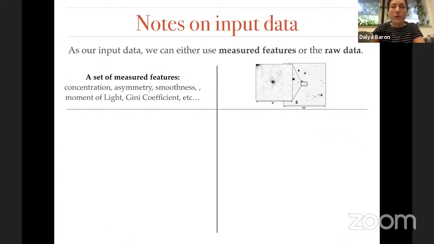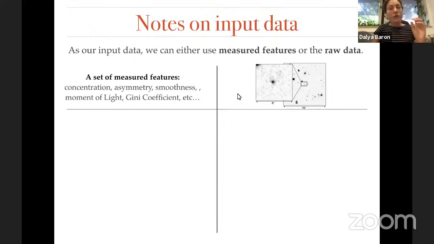So a note about the input data. In some of the cases, I showed you that we're using a set of measured features. We take our initial image or our initial spectrum or time series, and we extract various features. In different algorithms, I showed you that we can use the actual images, the actual raw data. So what are the differences or the things we need to think about? Each of them obviously has advantages and disadvantages, and it really depends on the type of thing that we want to do.